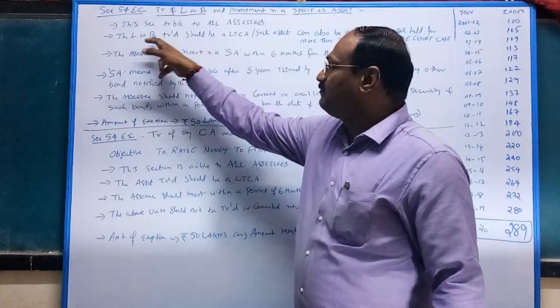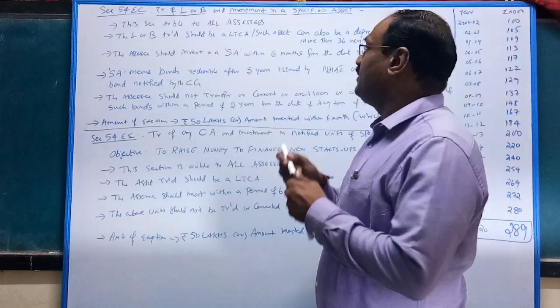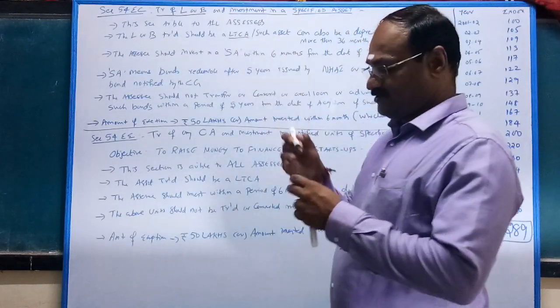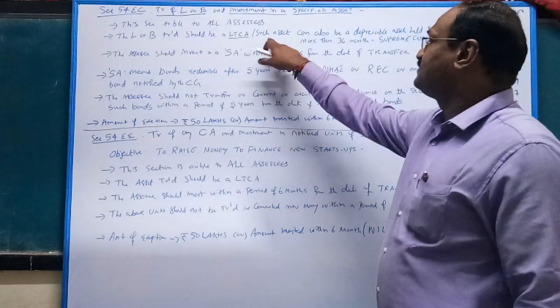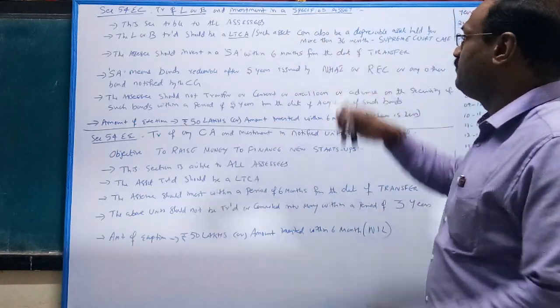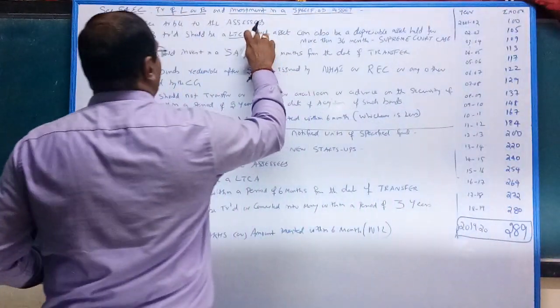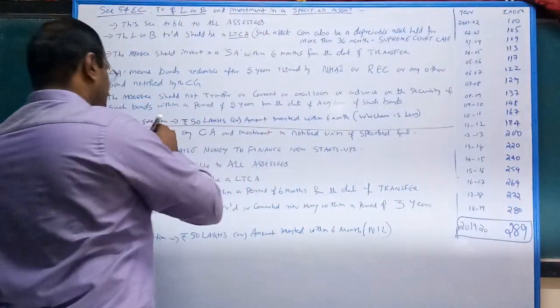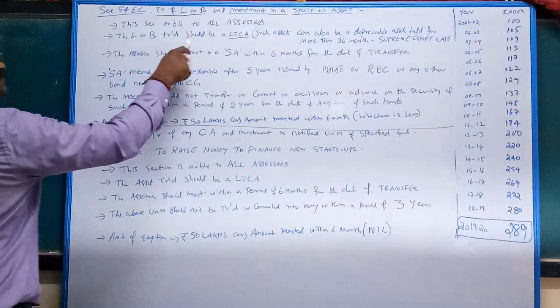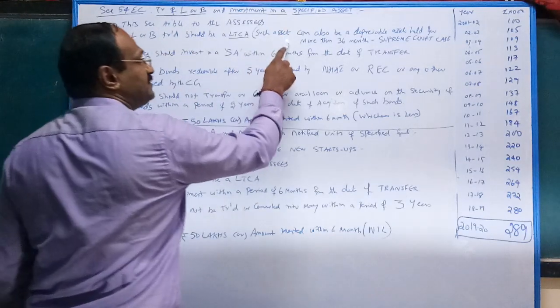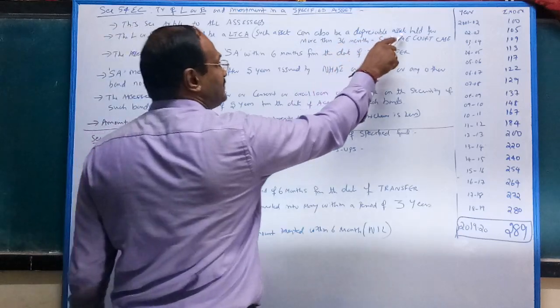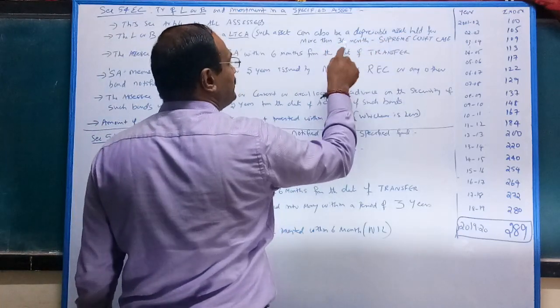The land or building transferred should be a long-term capital asset, and such asset can also be, very important, this is in brackets, a depreciable asset held for more than 36 months.